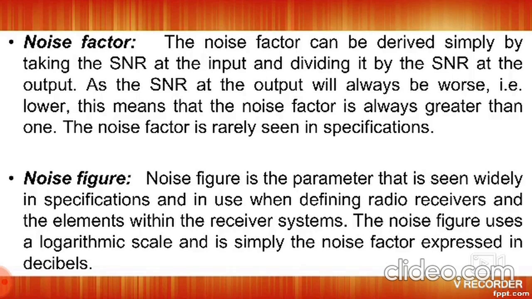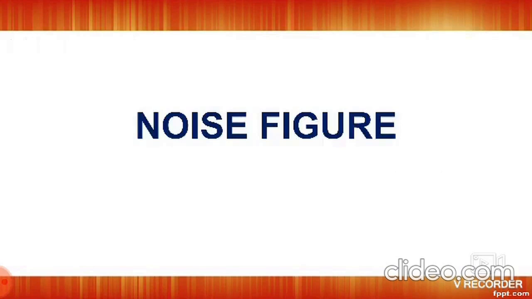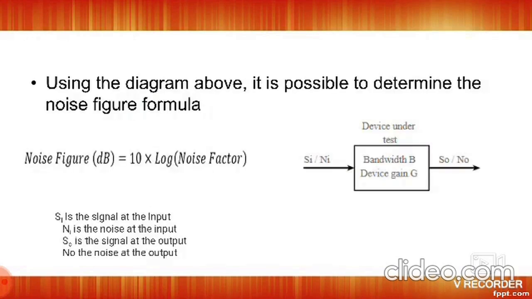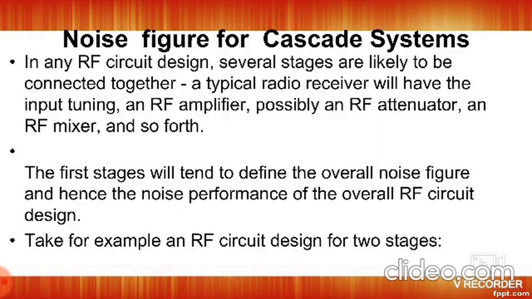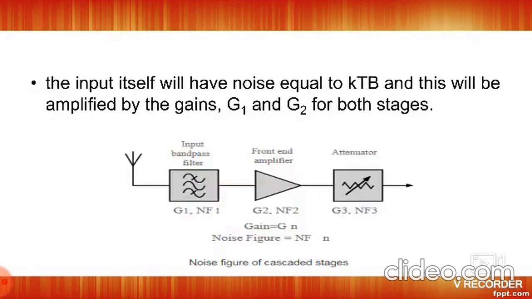Here we have a block diagram: signal to noise ratio at the input divided by signal to noise ratio at the output. The relationship between noise figure and noise factor is, noise figure in dB is equal to 10 log of the noise factor.